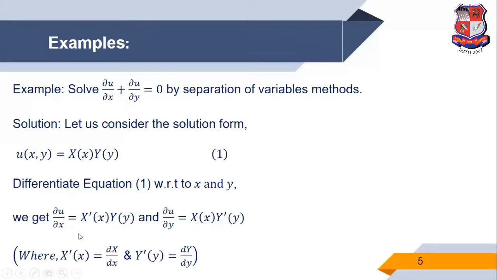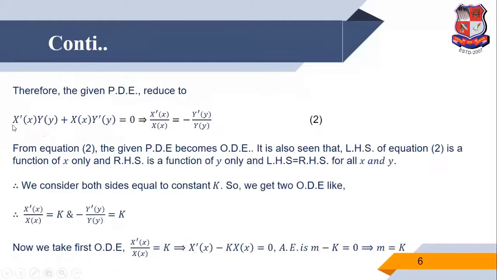Now we substitute both ∂u/∂x and ∂u/∂y in the given equation. Then the given PDE can be reduced to X'(x)Y(y) + X(x)Y'(y) = 0.